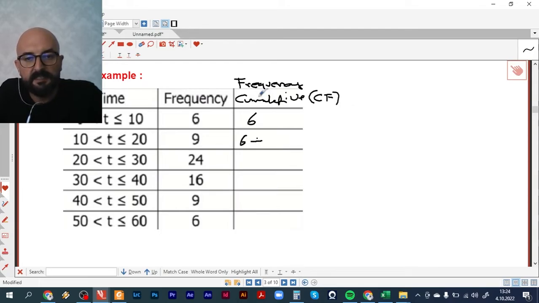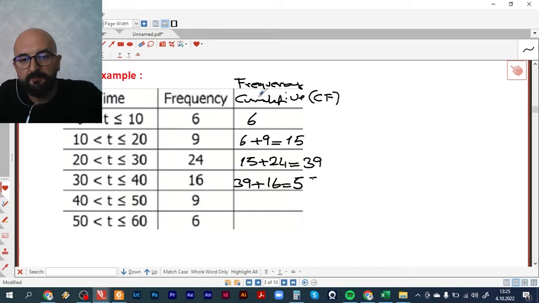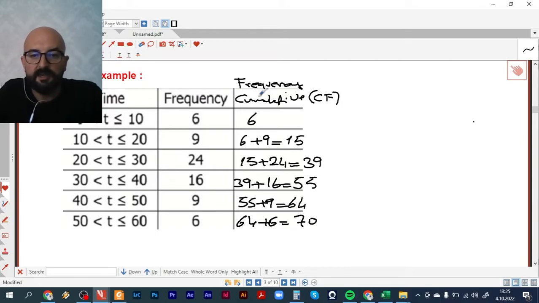It's also the first column 6, and the second 6 plus 9 becomes 15, and the second 15 plus 24 equals 39. 39 plus 16 equals 55, and 55 plus 9 equals 64, and 64 plus 6 equals 70.